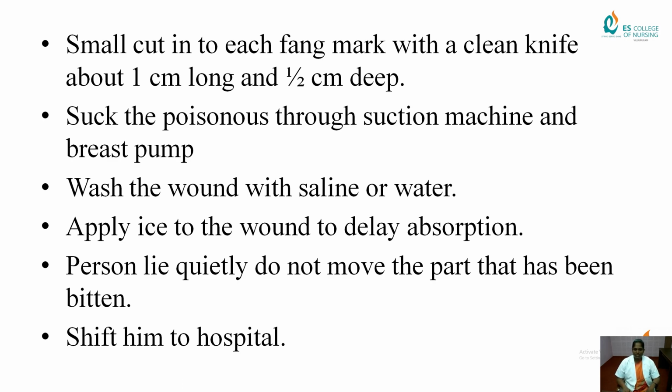Suck out the poison through a suction machine or breast pump. Wash the wound with saline or water and apply ice to delay the absorption. The person should lie quietly, and do not move the part that has been bitten. Shift the patient to the hospital. In between shifting the patient, check the vital signs hourly.